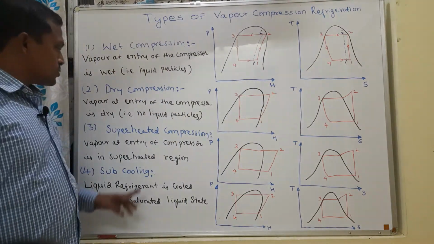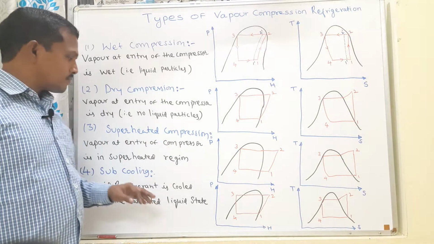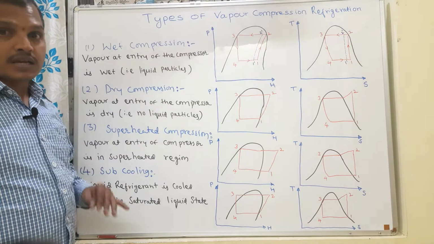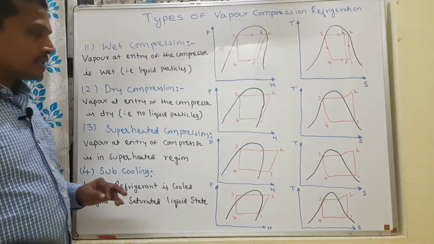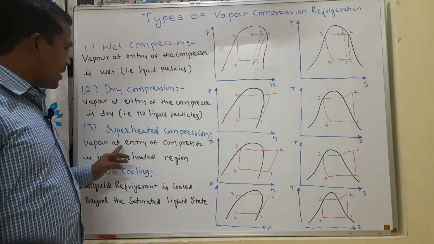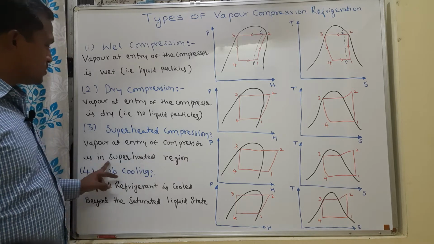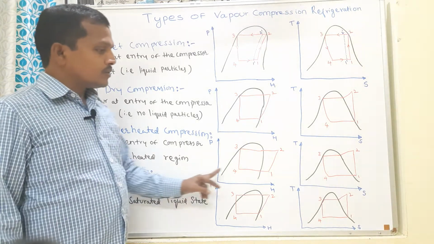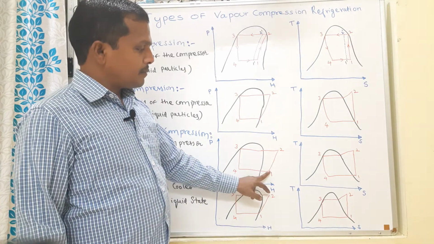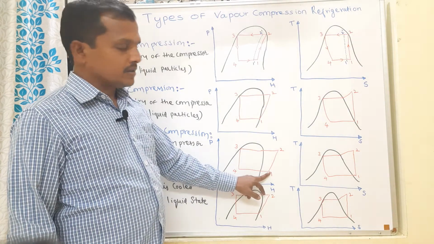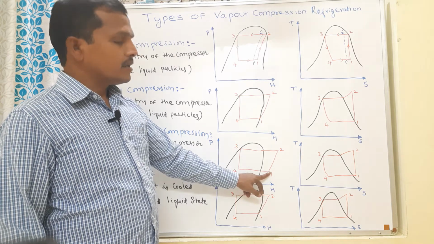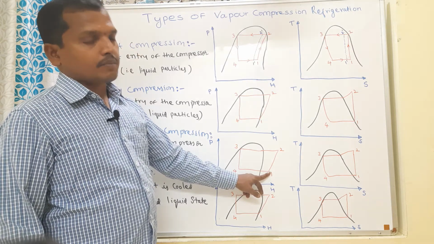Okay. Next, superheated compression. The vapor at entry of the compressor is superheated state. See here, vapor at entry, this is point 1. This is the condition of the refrigerant at entry of the compressor.